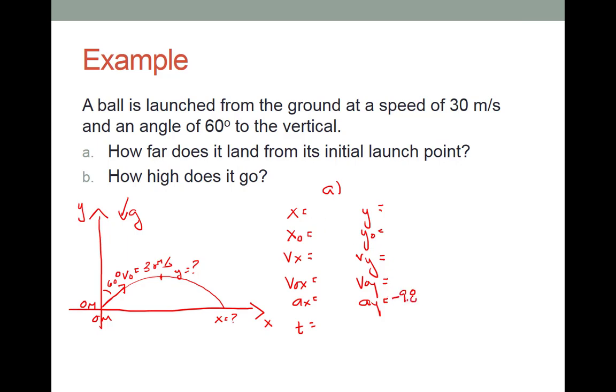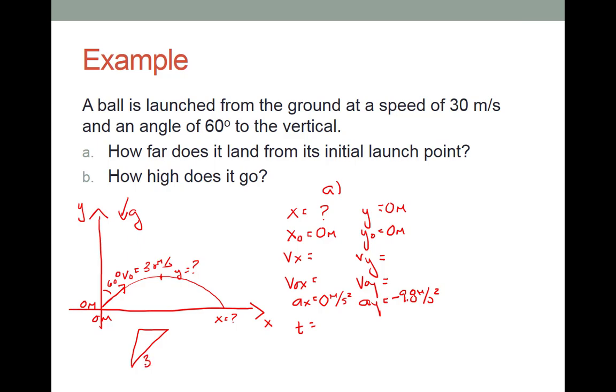Acceleration in the y direction is negative 9.8 meters per second squared, and it's negative because gravity is downward. Acceleration in the horizontal direction is 0. Our initial horizontal position is 0, and the final position is what we want to know. Initial and final y positions for part A, how far does it land from its initial launch point, are both 0.